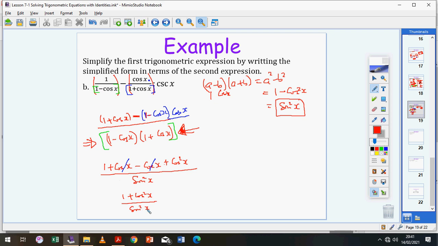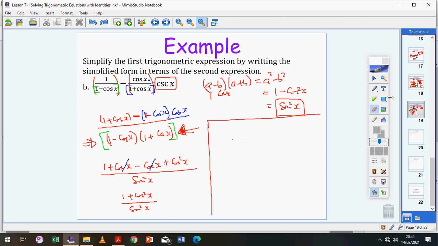Okay, they want me to express it in terms of cosecant. Let's see. I hope you also remember, again algebra, that if I have a plus b divided by c, it's the same thing as a divided by c plus b divided by c. So that's the idea I'm going to use to simplify what I have.